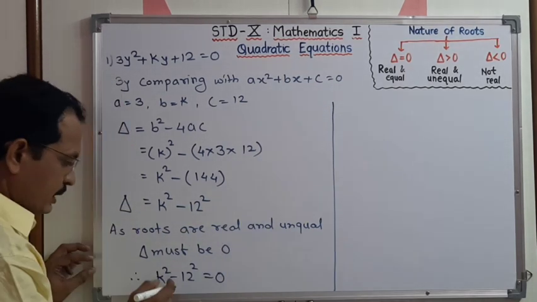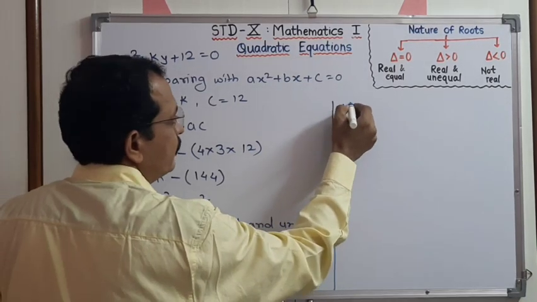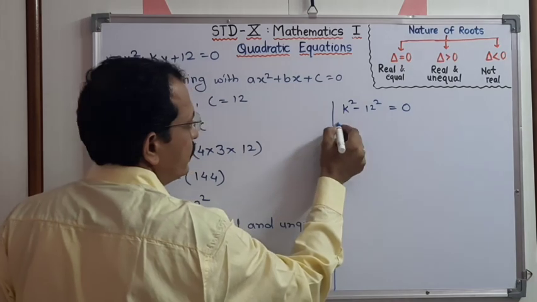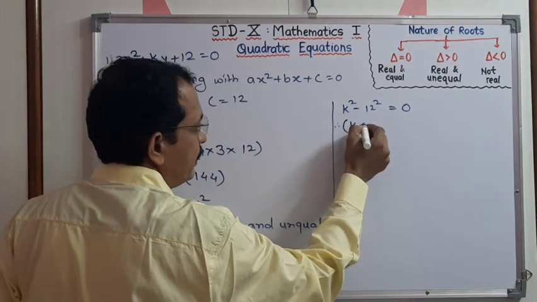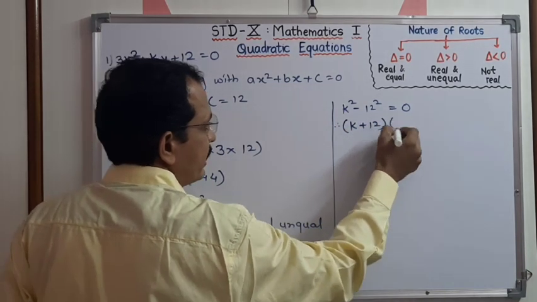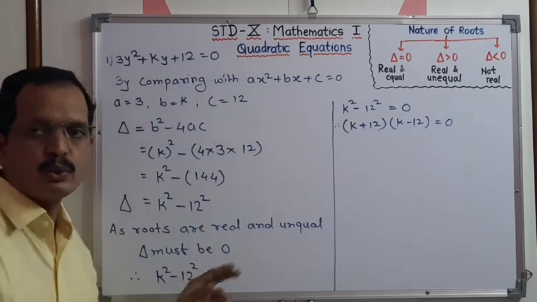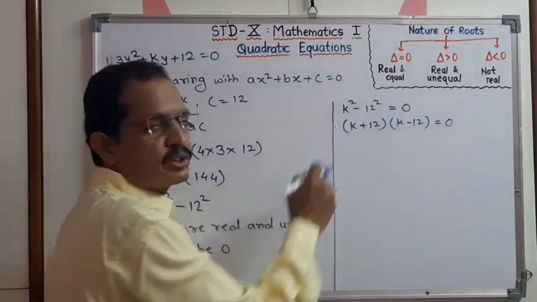Now, this k square minus 12 square is equal to 0. Therefore, we can write here k plus 12 in the first bracket and k minus 12 in the second bracket, as we know the formula a square minus b square.